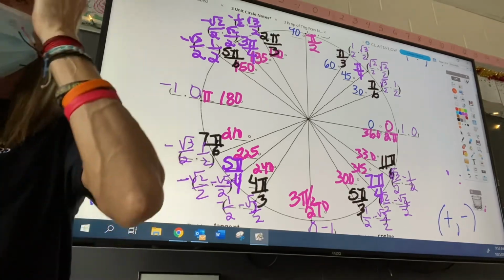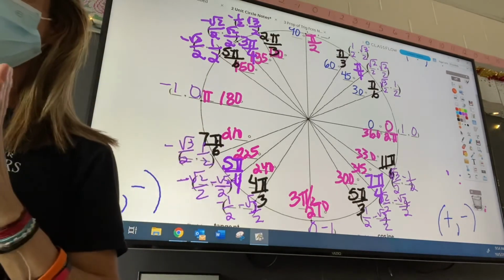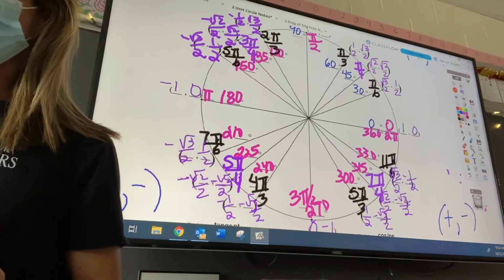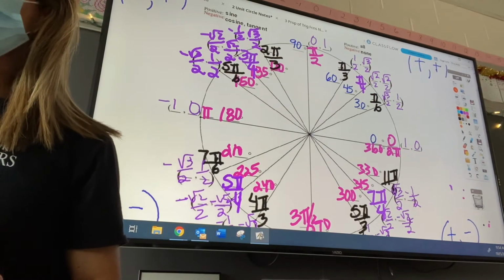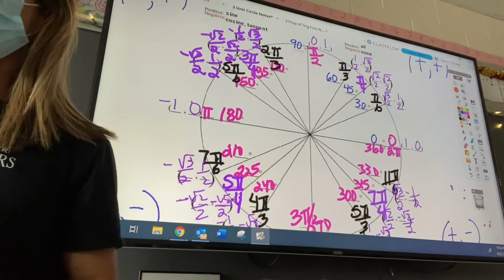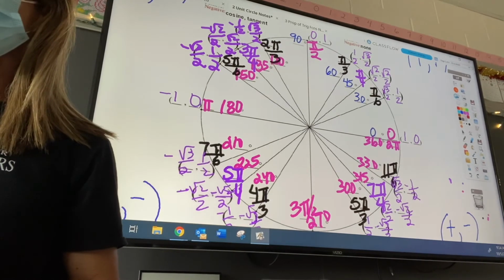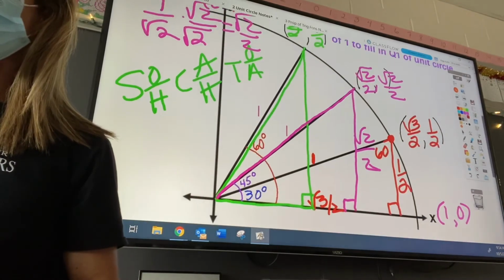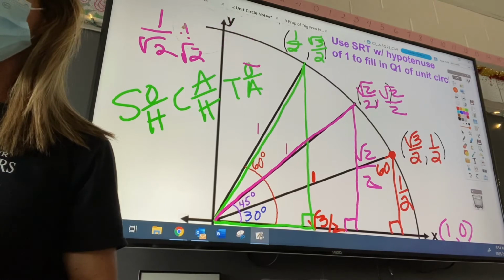That's it. I do have to teach you tangent, and tangent is always the most difficult. So this is very messy. I'm going to take you back to quadrant 1 to do tangent. Does everyone have this written down? Okay, let me erase some of this stuff so I have some space.